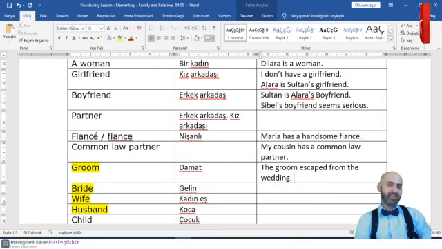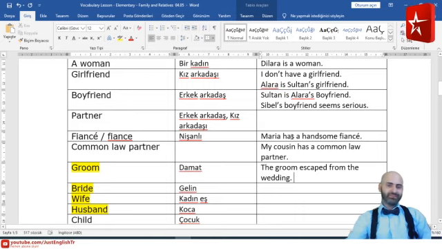Unfortunately, sometimes it happens. Any other sentence? Maybe you can create a sentence about wife or husband. If you are married, you can write it. You can say something about your wife or about your husband.